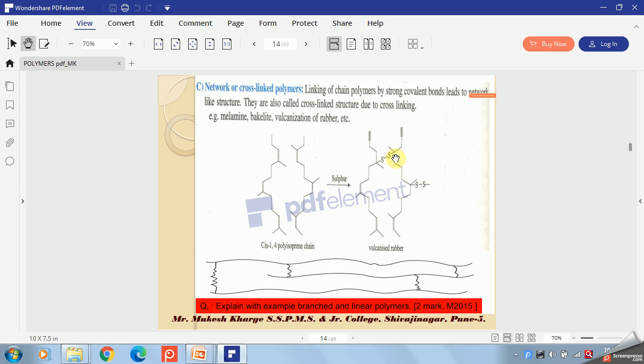So here sulfur links the two molecules together and it forms a cross-linked structure. So it forms vulcanized rubber. Here a network type of structure is obtained and that's why it is called network or cross-link polymers.